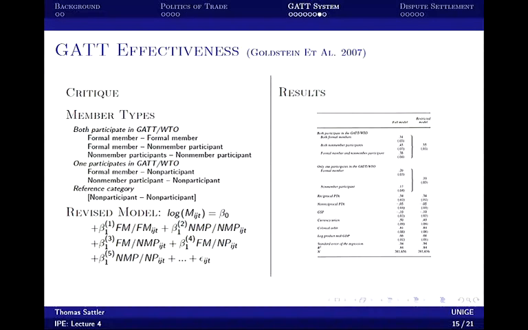Okay, that makes a lot of sense. So the conclusion from this is, yes, if we measure GATT membership correctly, GATT membership has a strong effect on trade. So the institution is pretty effective. That's what you take away from this.